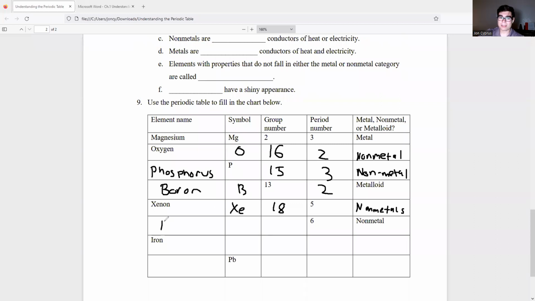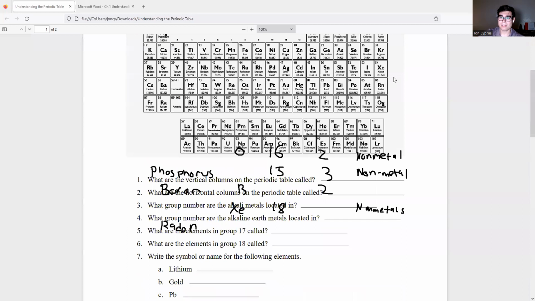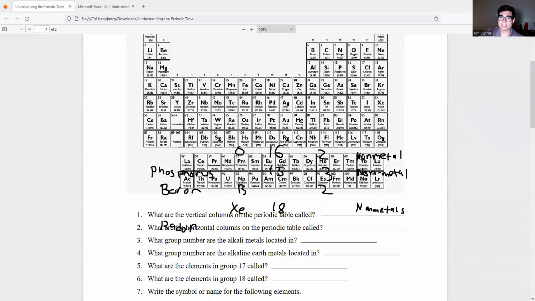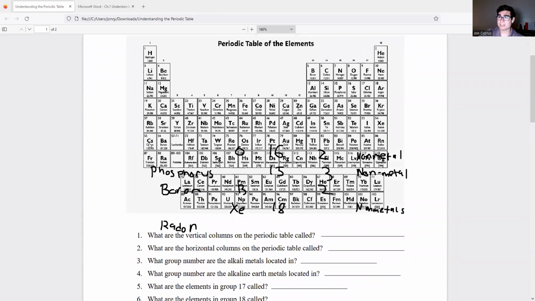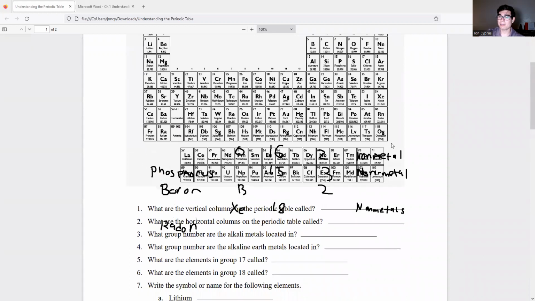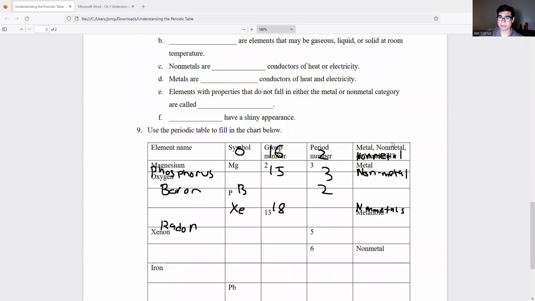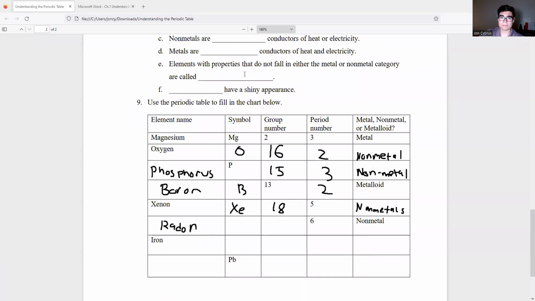Next we have radon. Over here, it's in period number 6, and it's a non-metal. If you're looking at the table, the 6th period is this one right here, starting with cesium, and radon is the only non-metal, or noble gas, as we would usually refer to it, in that row.